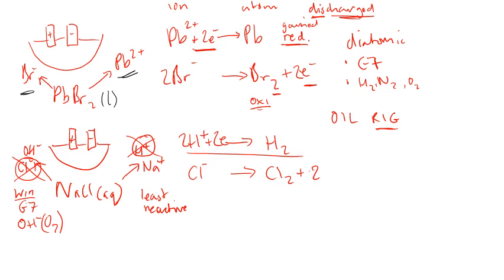So because it loses electrons, we put the electrons on that side, and again, we need to balance it. So exactly the same as above, this one's being reduced because it's gained electrons. Then this one's being oxidized because it's lost electrons. Very easy.